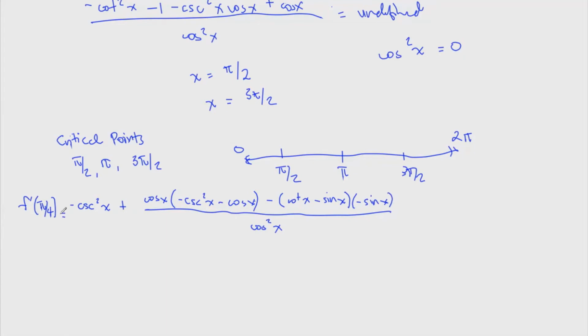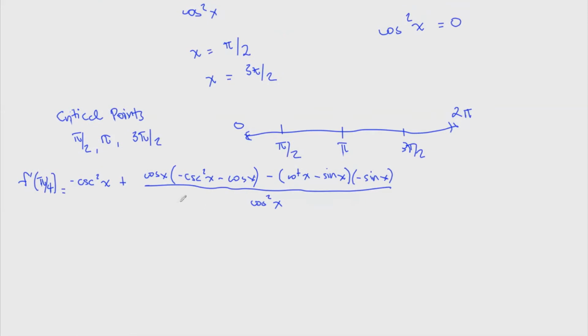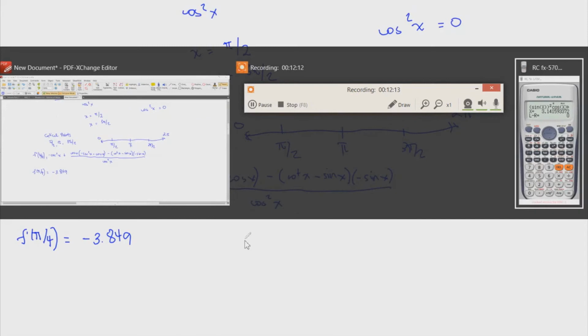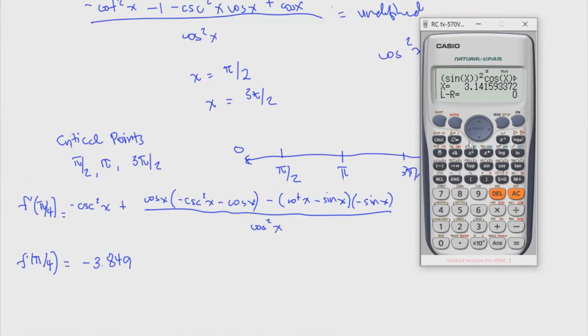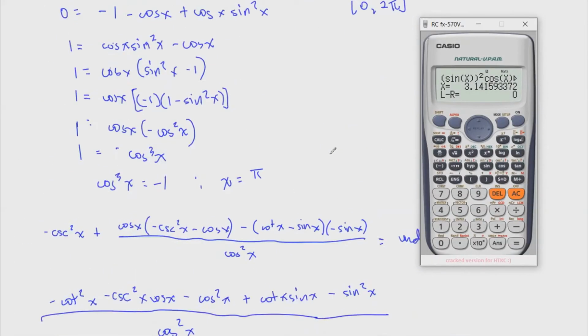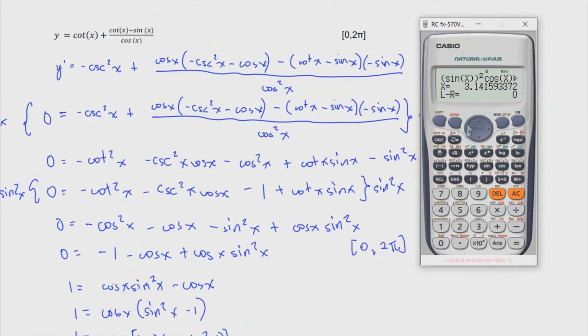So you can substitute all of these, and that will be equal to negative 3.849. Now this method can be simplified using the function in your calculator if you're not familiar with it. So I'll just teach you how it can be done in a simplified way.